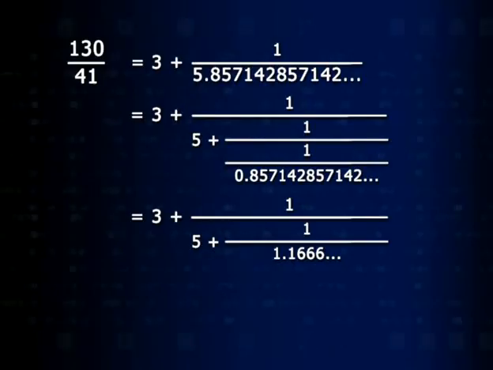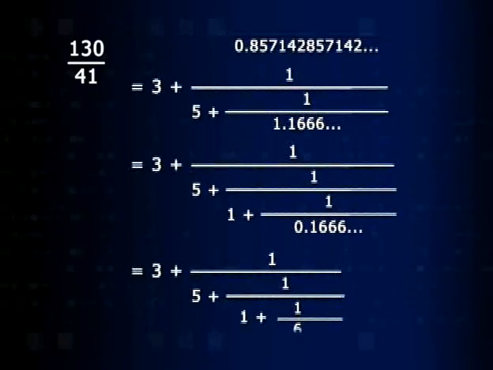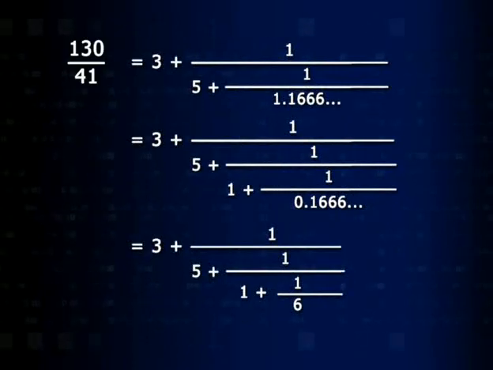Well, that equals 1 plus 1 over 0.16666, and 1 over 0.16666 equals 6. And so what we see is the original number equals 3 plus 1 over 5 plus 1 over 1 plus 1 over 6.